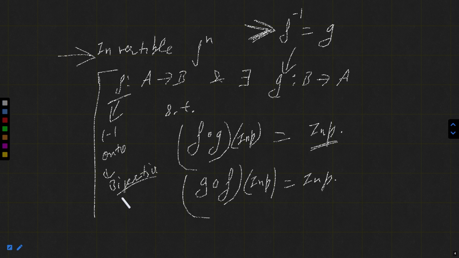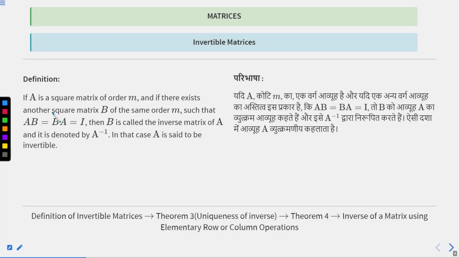In matrices also you will have some criteria for when we say that a matrix is invertible and what its inverse is. Now we will see the whole concept of invertibility in matrices. As we saw in the functions chapter, first of all, A must be a square matrix. So the first restriction or criterion is that A must be a square matrix of some order, say m.